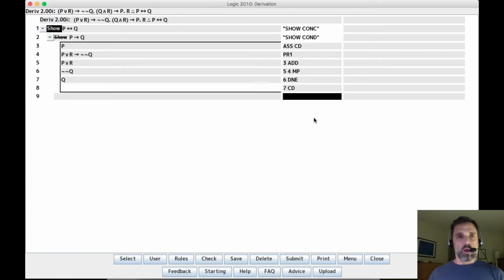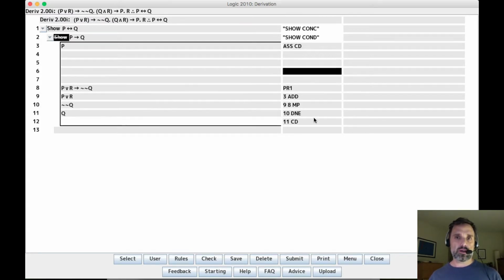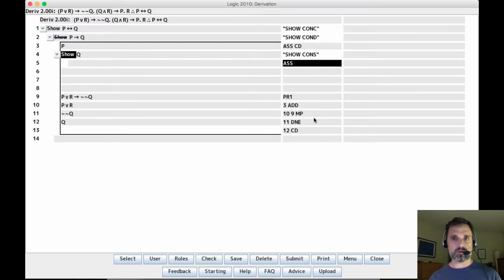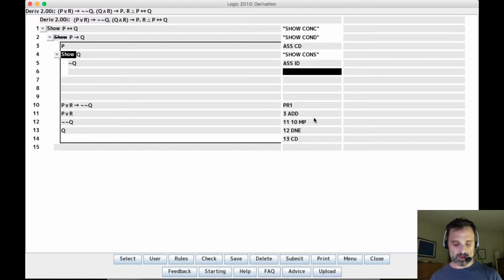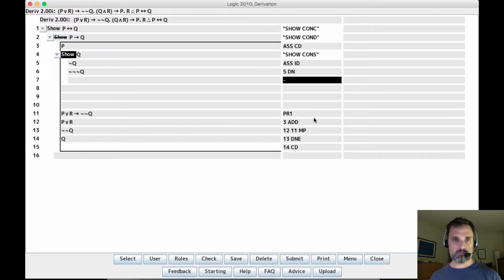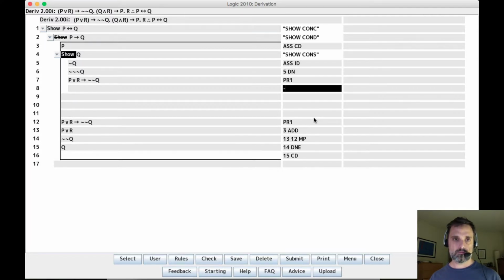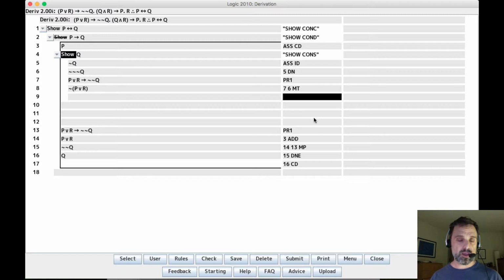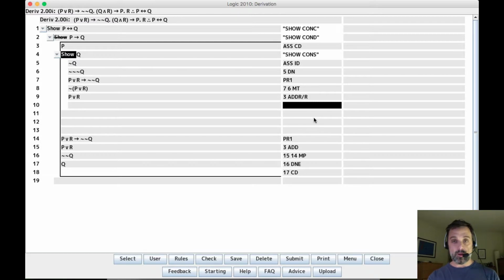Now, you might have done this the long way around. You would have said show consequent, assume ID, and then you might have said, okay, done this. And if you do this, then things get trickier. You need to realize, again, at this point, you could do the addition again, and now you have an indirect derivation with the negation.